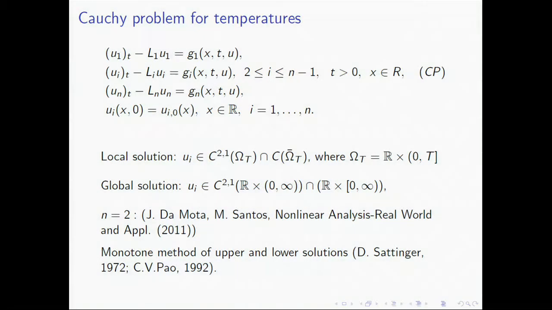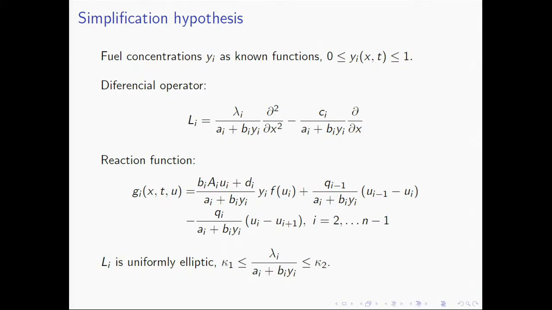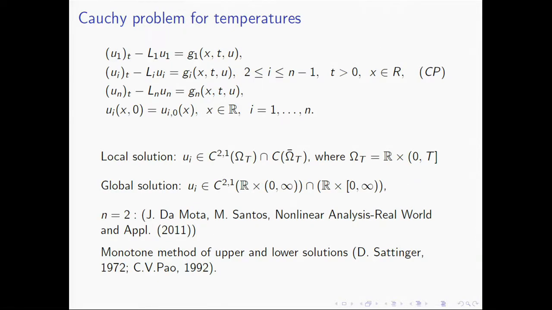The Cauchy problem for temperatures: we have a simplifying hypothesis. We consider in this problem the fuel concentration y_i as a bounded non-increasing function, like here. So the model is simpler.